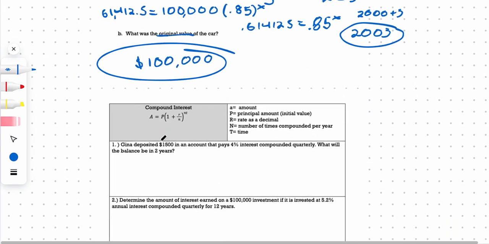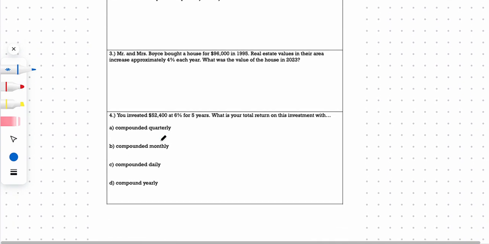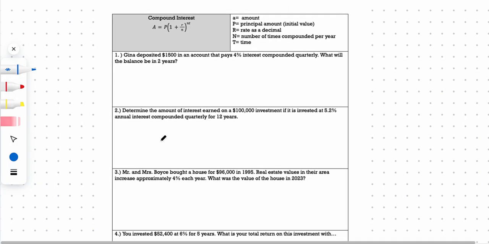Okay. Now we're going to do compound interest. Let's analyze this first. So just like before, P is our principal amount. So it's our starting amount, how much money you put into a bank account initially. And then we have R, which is our rate as a decimal.